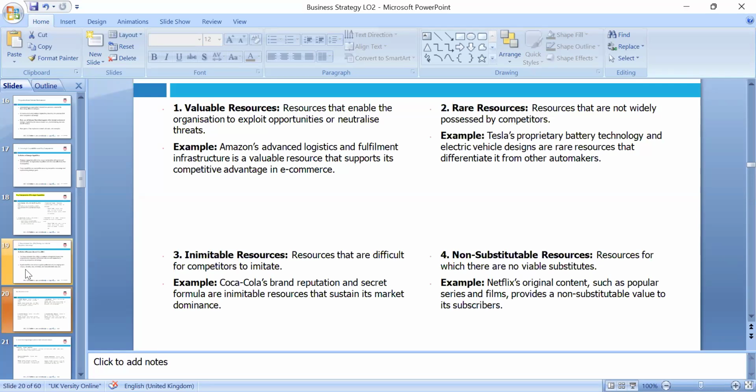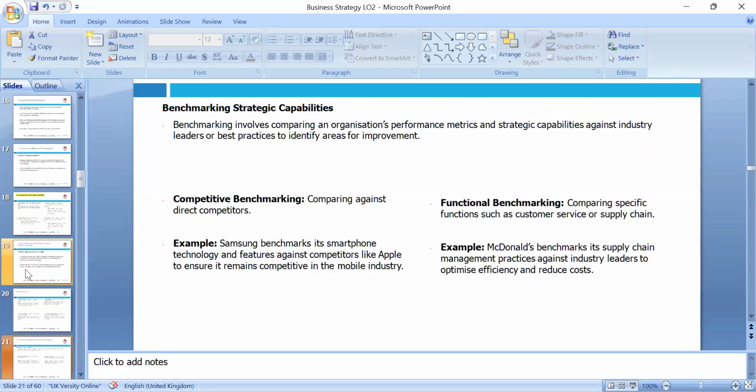So these are inimitable, difficult to compete with and sustain, and non-substitutable resources have no viable substitute. Netflix, originally, with its contents such as popular series and film streaming. So these are all examples of the VRIO model, which we can use for benchmarking, studying capability, competitive benchmarking against competitors.